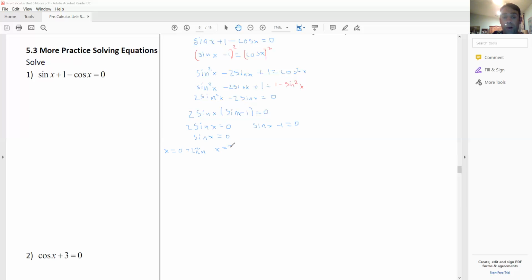And x equals pi plus 2 pi n. Over here, sine of x equals 1, and that means x is pi over 2 plus 2 pi n.